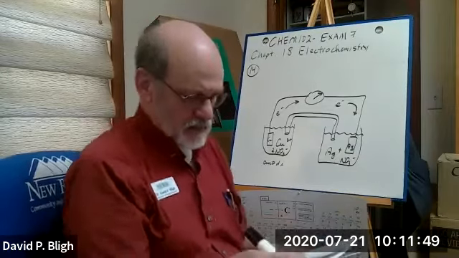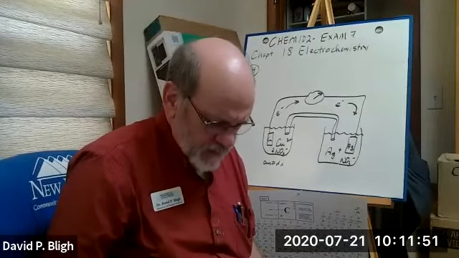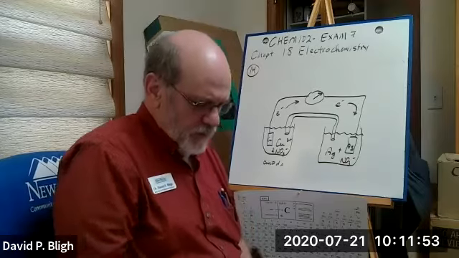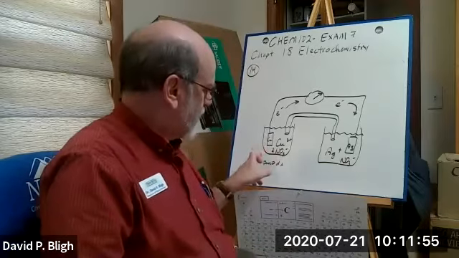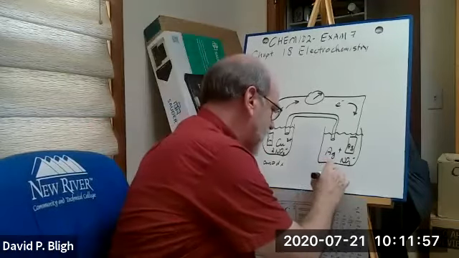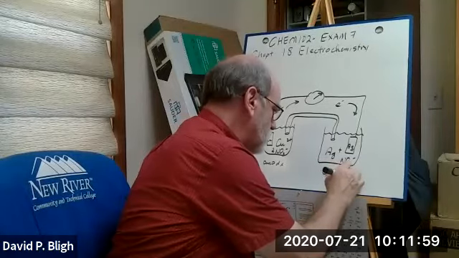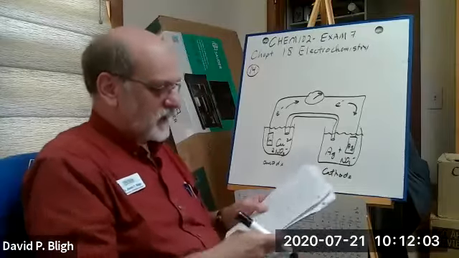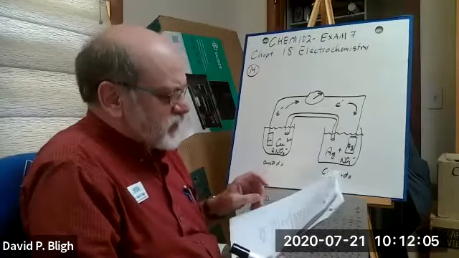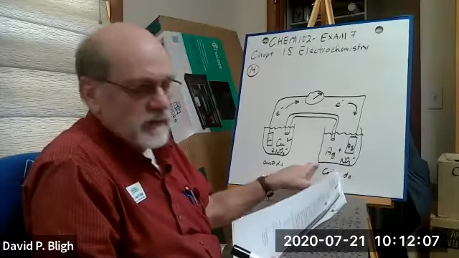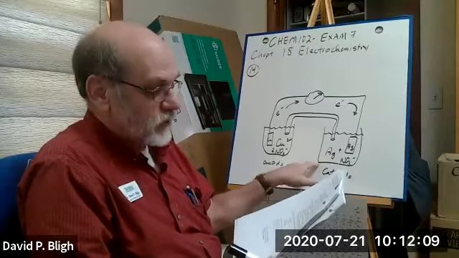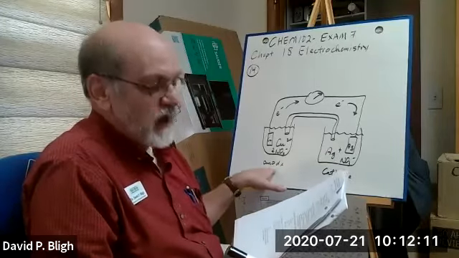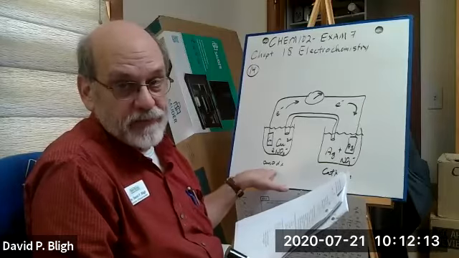So we are looking for which statement is false. We know that this is the anode, this is the cathode. Let's see if that's true. The reduction potential for this reaction is positive 0.8, and the reduction potential for this one is positive 0.34. So that's right.